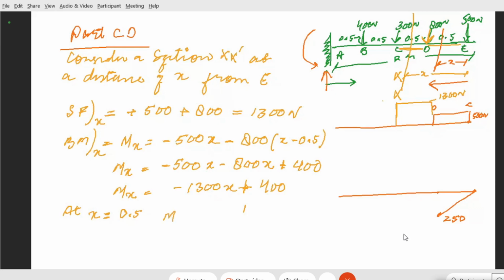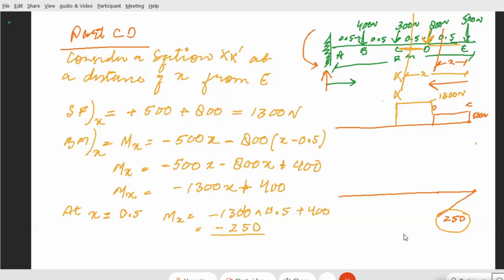Your moment will be minus 1300 into 0.5 plus 400, and the moment will be calculated quickly as minus 250, which you have already calculated as 250. Cross checked. You have checked when x is equal to 0.5. That means at point D, the moment should be the same. The moment is the same whether we calculated it for E and D or we calculated it for D and C.